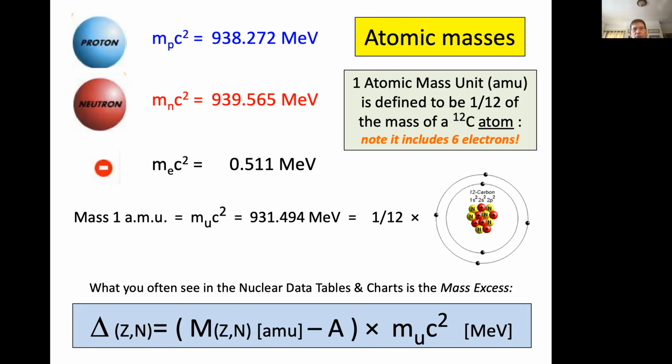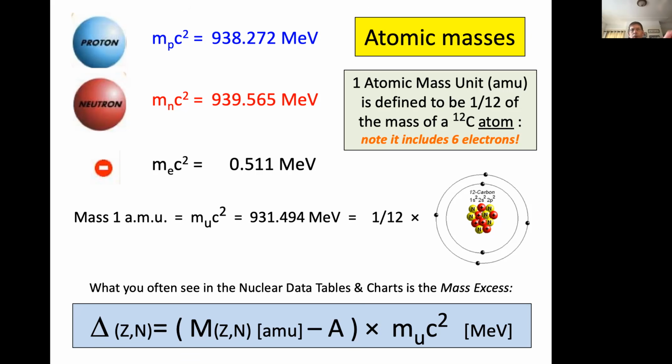But here's the key thing when we get into the issue of binding energies. We define the one atomic mass unit, which is a very useful thing to define in how one quantifies the mass of an atom or an atomic nucleus, as 1/12 of the mass of a carbon atom.